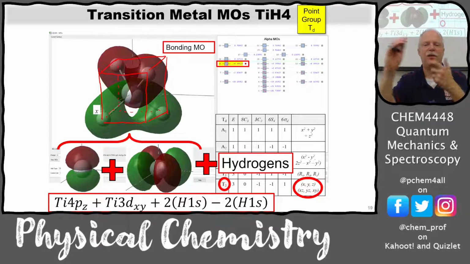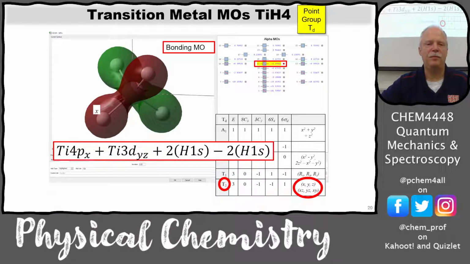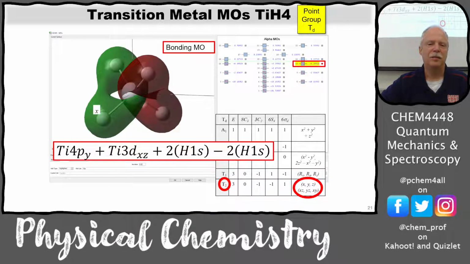So there's three ways you could put this together. You have the pz, you have the px, and the py. So maybe the py is a little easier to see. So that's the py orbital on the chromium. It's the dxz orbital.